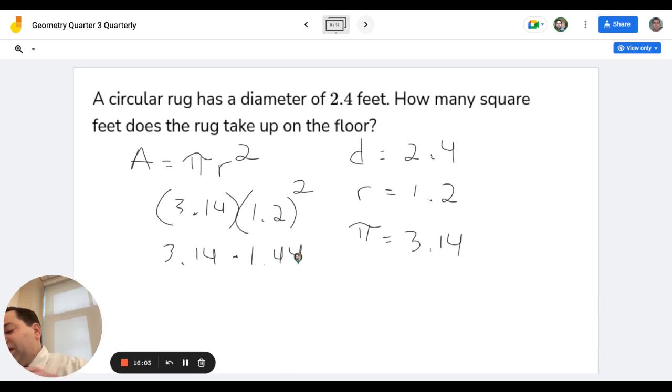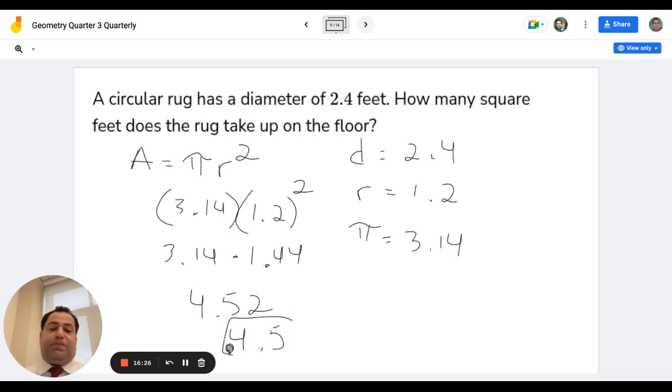And then I'm going to use my calculator here to multiply by 3.14. And I get 4.52 or 4.5. It doesn't say whether to round to the nearest tenth, but if it will on the test, 4.5 is going to be our answer. Okay, why don't you give that circle question a try?